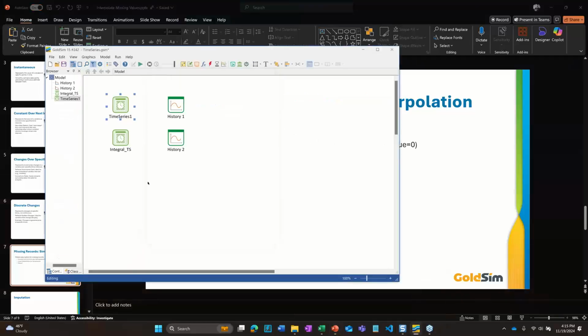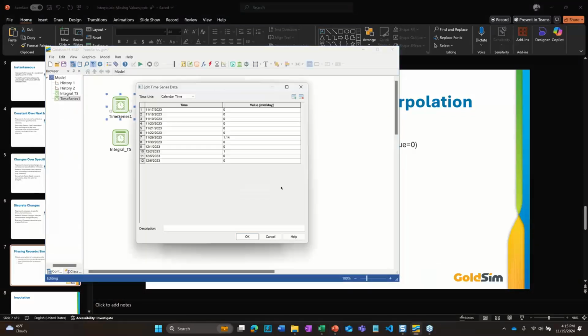Here's a simple model, and in here I have this time series in which I have this value reported on this day, 11/29, but it turns out that prior to that day we had some missing records, so we don't know what happened just before that day. Okay, so that could be an issue. Next, we have another value here in which right after that day there are missing records. These are all things that are common and could easily happen in the time series that you get.